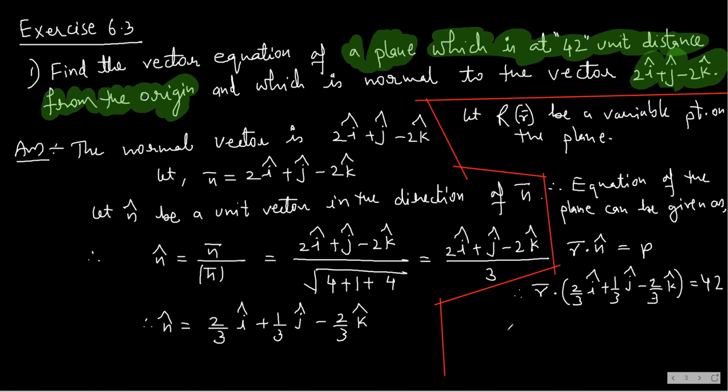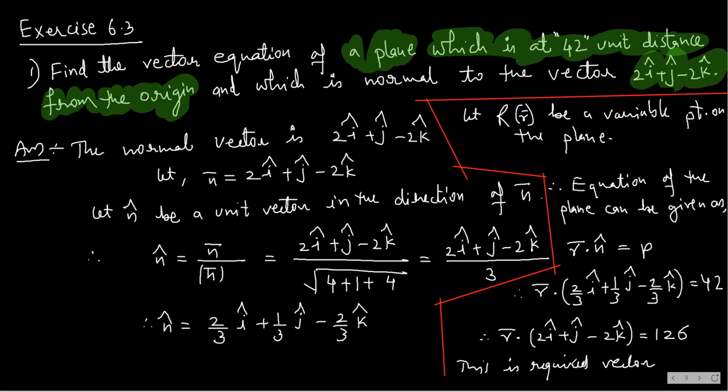If I multiply throughout by 3, I will get r bar dot 2i cap plus j cap minus 2k cap, and here you multiply by 3, so this is 126. This is the required vector equation of the plane. I hope you followed it.